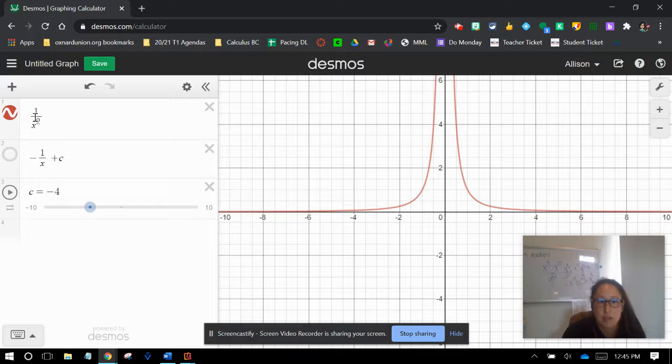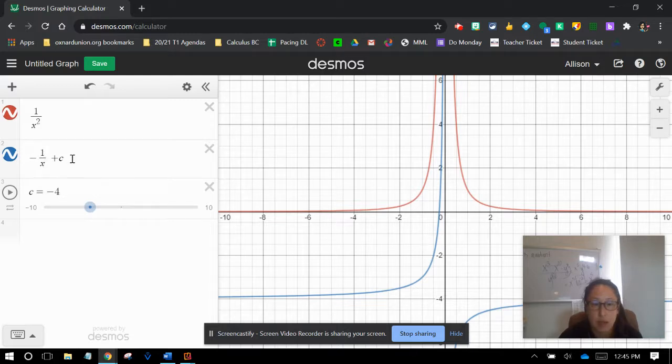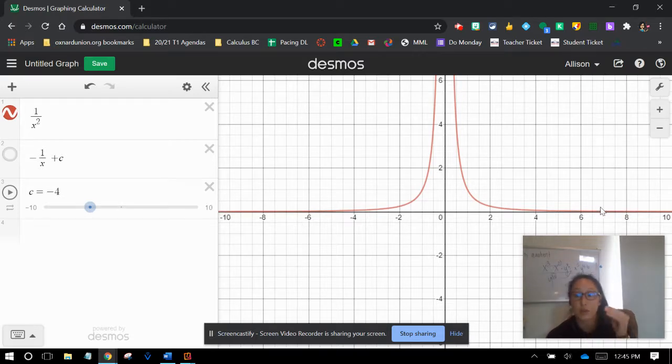I have my function 1 over x squared. That was the derivative. Then my original, when I took the antiderivative, is negative 1 over x plus C. So the derivative, the red, shows me that the outputs are positive, which means that the slopes are positive. The graph is increasing.